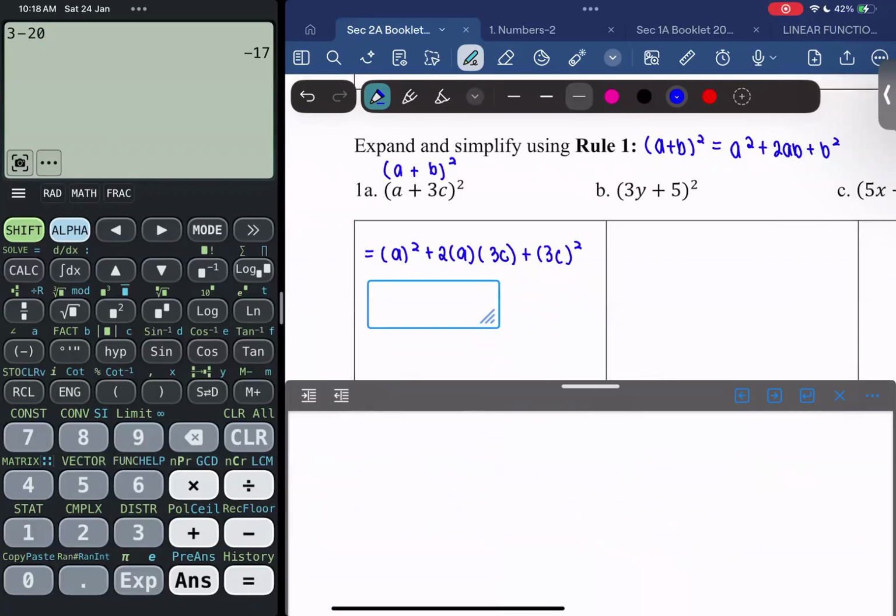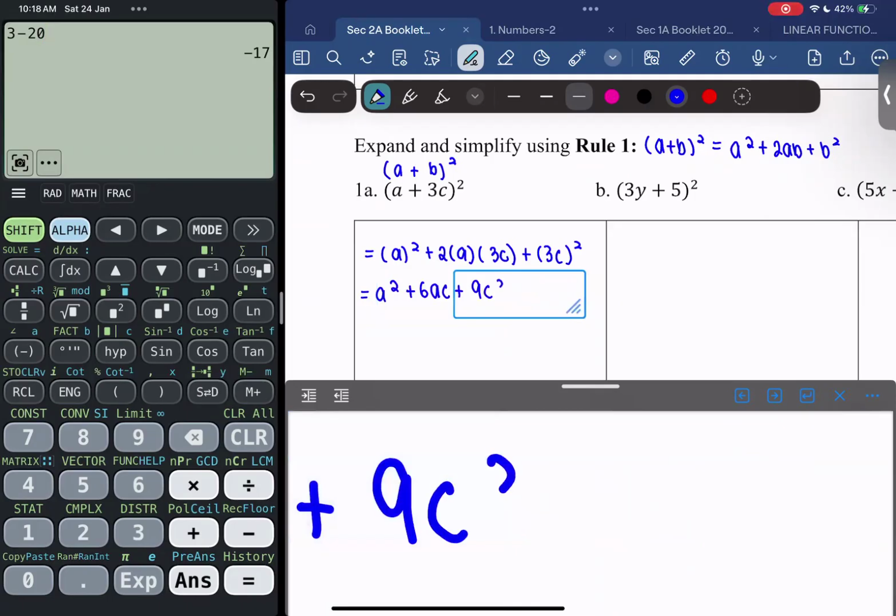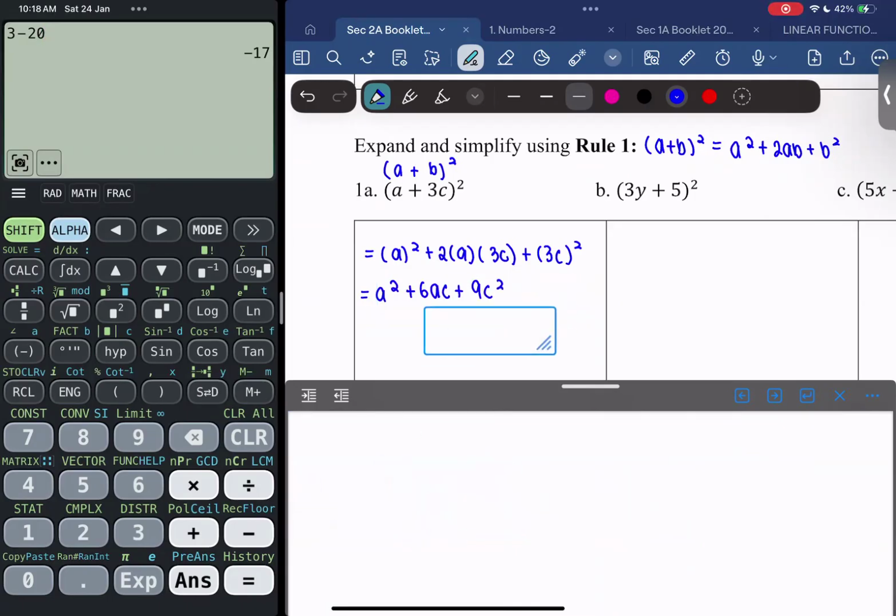After that, you open up the bracket. A squared plus 6AC plus 9C squared. All the numbers multiply together, letters copy and paste in, nothing too difficult.